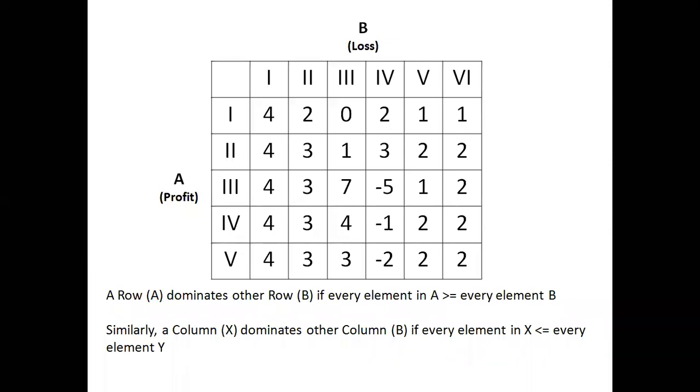You are trying to maximize your profit, so you delete the rows which are dominated, and the row which dominates is retained. Similarly, the column which dominates is the one which has a value lesser than the values in the other column. That means you are trying to minimize the loss.